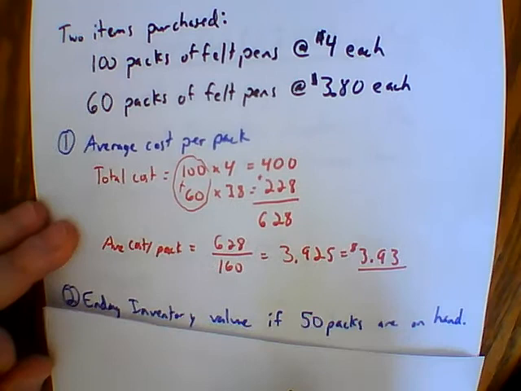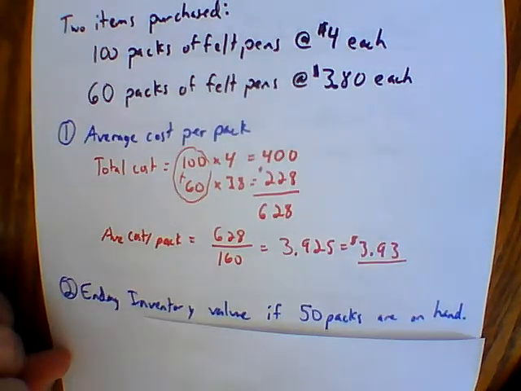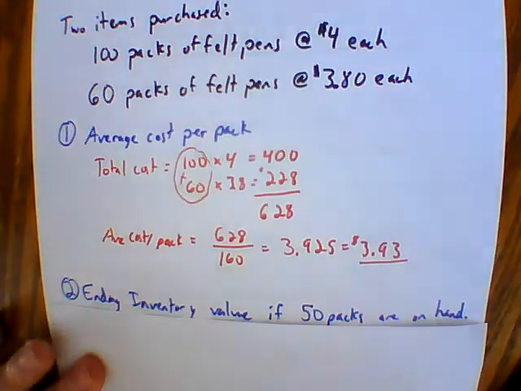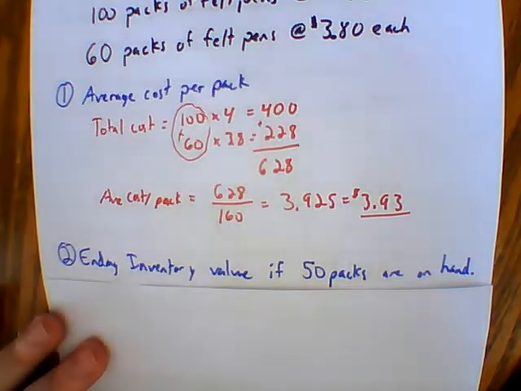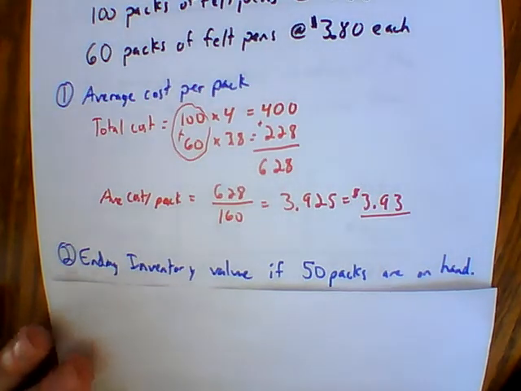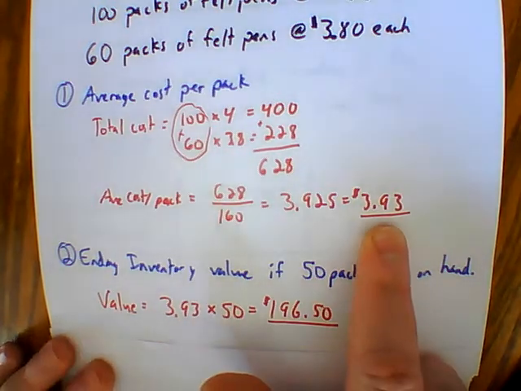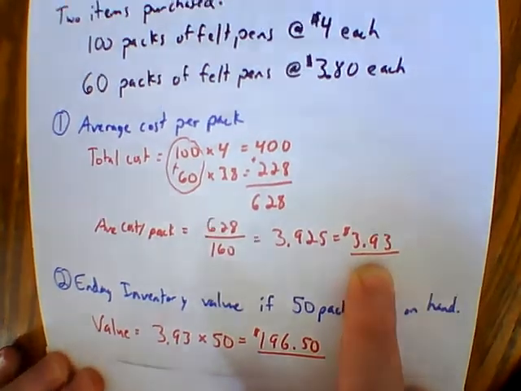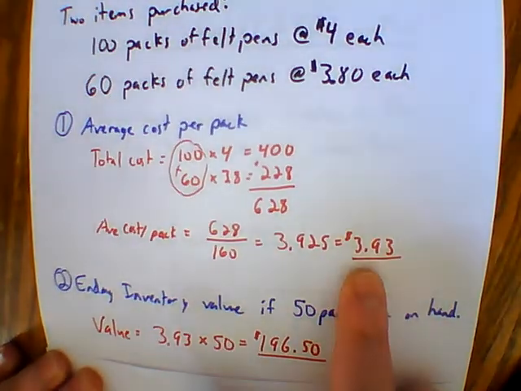So then when we look at ending our inventory, once again, question number 2 here talks about what our ending inventory value is if we have 50 packs left on hand. So what we state now is that we paid $3.93 per pack. Even though we did pay different prices for each of these, we just say, hey, our average price overall for all our pens was $3.93.